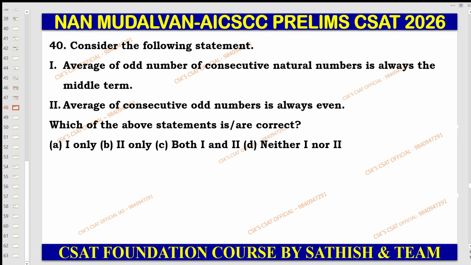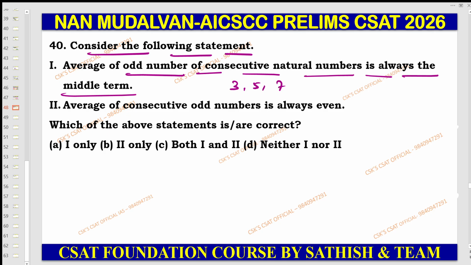Next. This is the property. If you know the property, easy. Consider the following statement. The average of odd number of consecutive natural numbers is always the middle term. Odd number of consecutive natural numbers. Odd number means you have to take 3, 5, 7 like that.